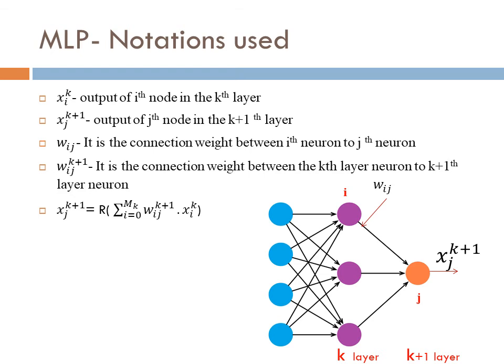Also, the output of any node in the hidden layer is obtained in the form x_i^(k+1).